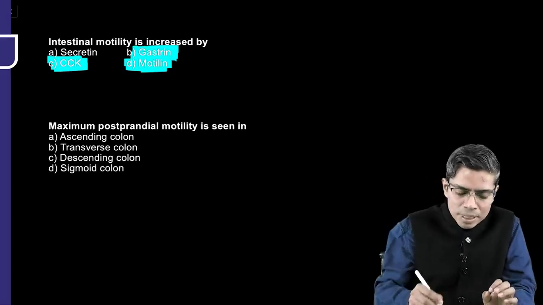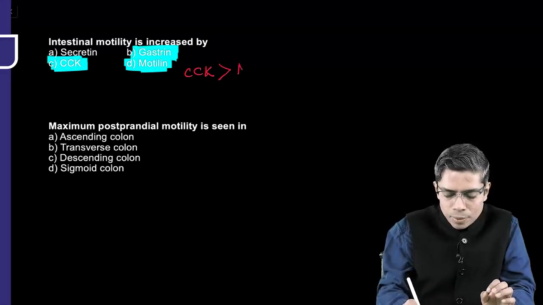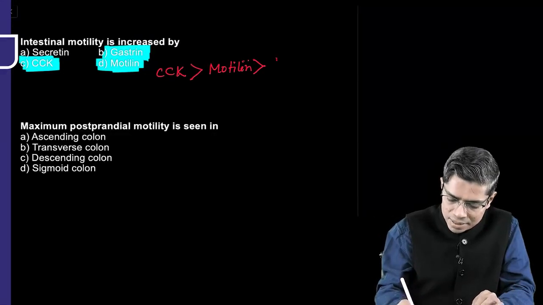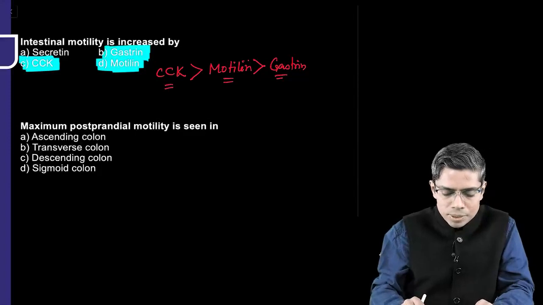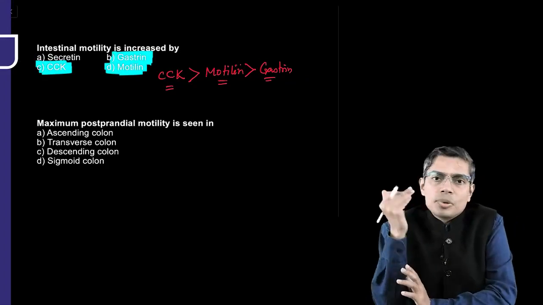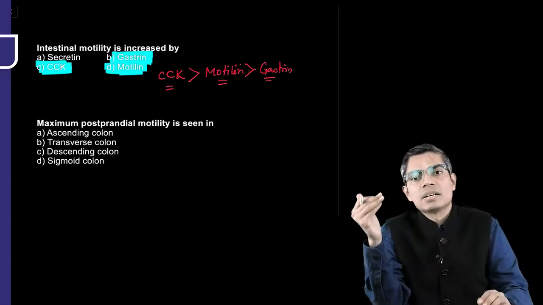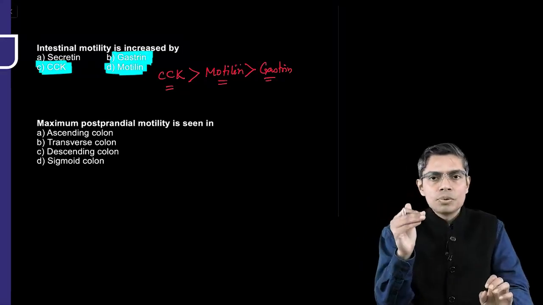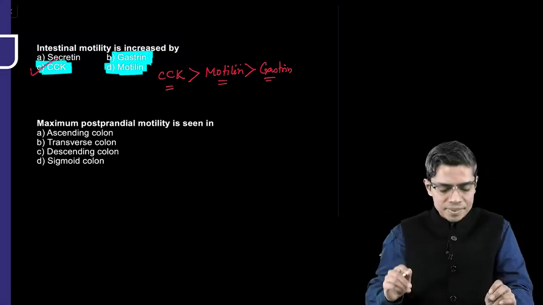But if you look at the potency, then CCK is the most potent, followed by motilin, followed by gastrin. So there is a chance that you are going to make a mistake in this MCQ. You most probably are going to mark motilin as your answer, but CCK is twice as potent as motilin with respect to intestinal motility. So the single best answer is CCK, right?